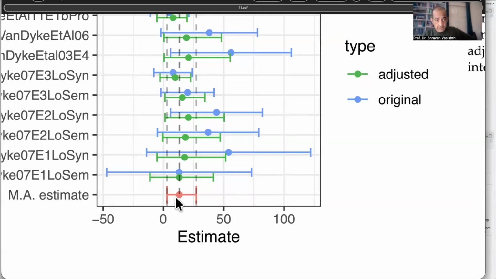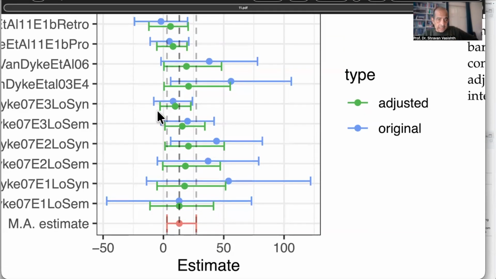That happens in hierarchical models. So what's happening is that in this study, we have very tight estimates. The data are very informative. So the posterior is actually largely influenced by the data. Remember that the posterior mean is a weighted sum of the prior mean and the maximum likelihood estimate.